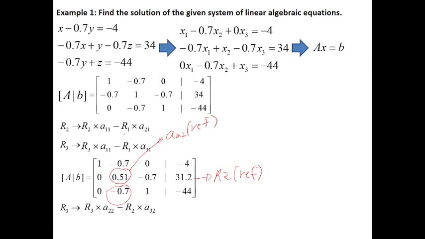Pero bago ko i-reveal ang sagot, ito muna. Ito yung mga new element. Consider natin yung first element kada row.